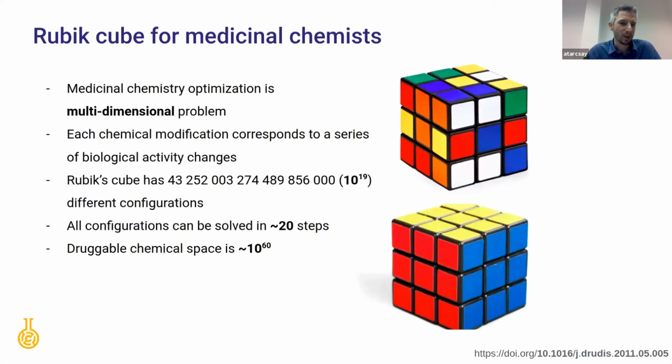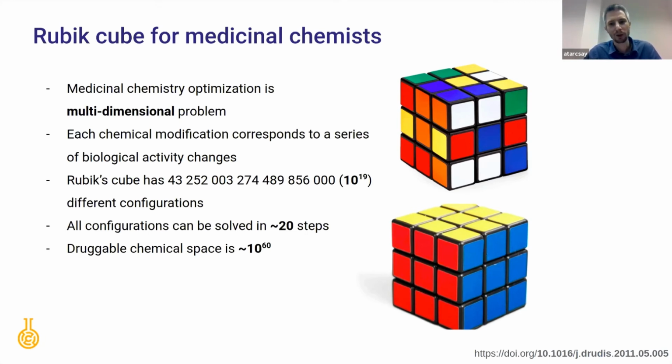And it's estimated that from all configurations, the cube can be solved in 20 steps. The druggable chemical space is a bit larger, but if you have proper tools that help you in the turns, then you will be able to get to the balanced safety and efficacy profile quicker, in a more cost-effective way.